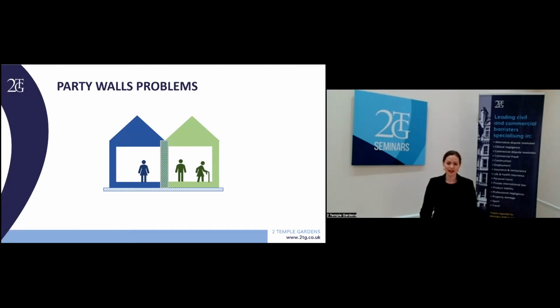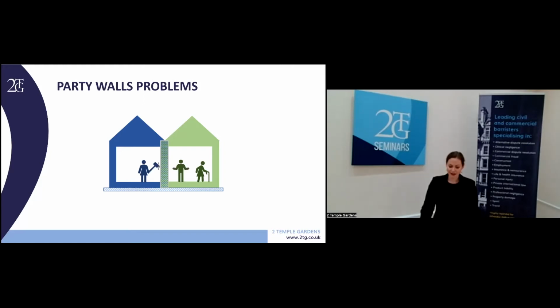For example, let's take Anita and Bob. They live in adjoining semi-detached properties where the dividing wall straddles the legal boundary between the two parcels of land. And as we can see, Bob lives with his elderly mother, Beryl.